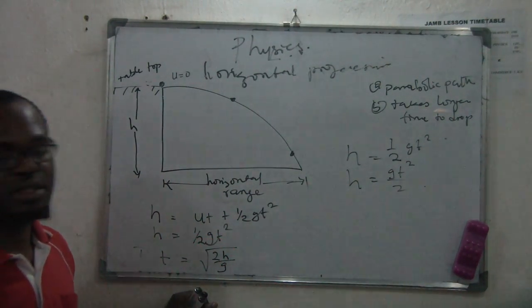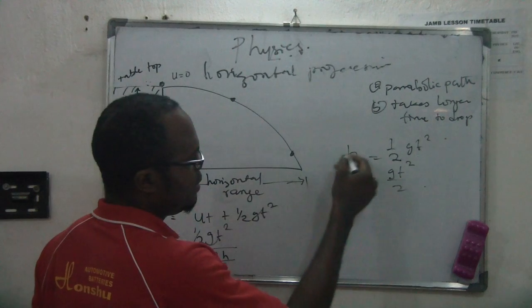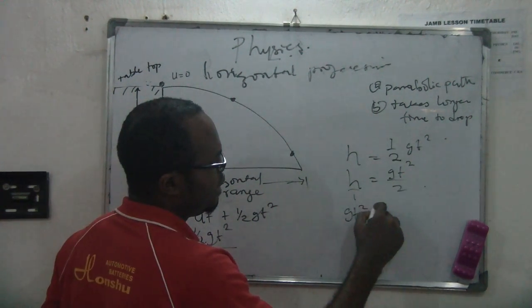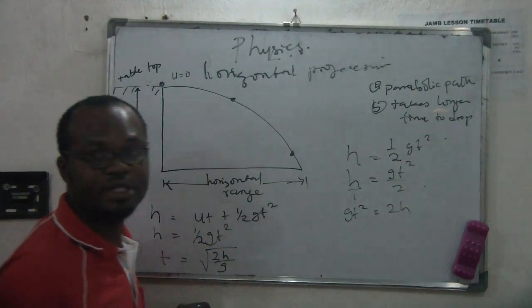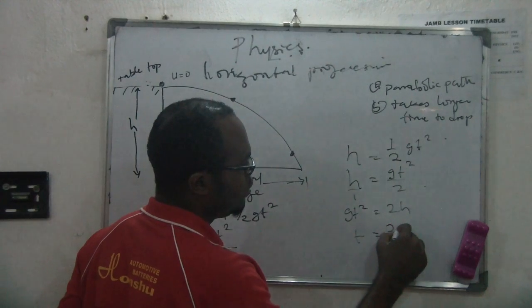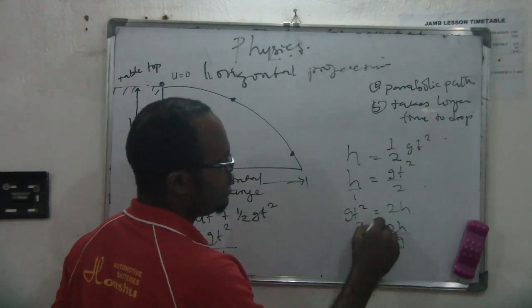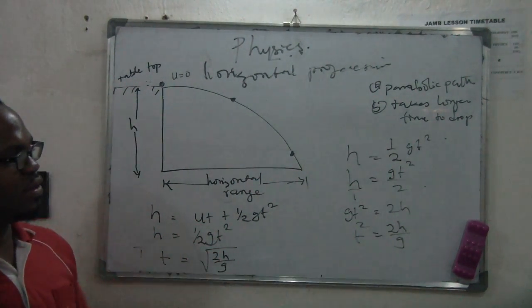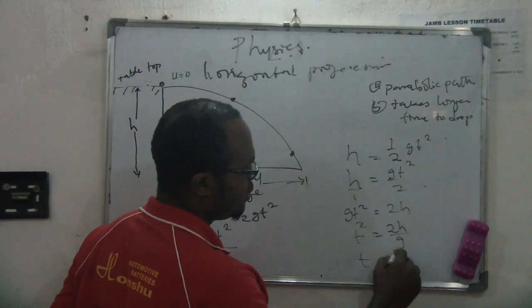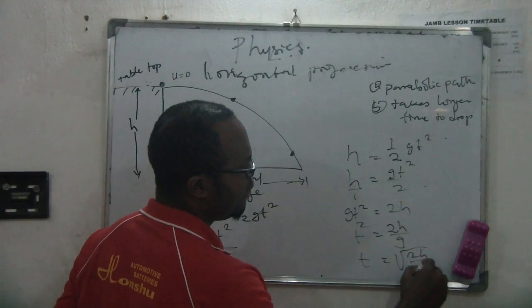Is it not? If you cross multiply, you have gt squared equals 2h. Is it not? Make t the subject. t squared is equal to 2h over g, isn't it? Make t only the subject. t equal to root of 2h over g.